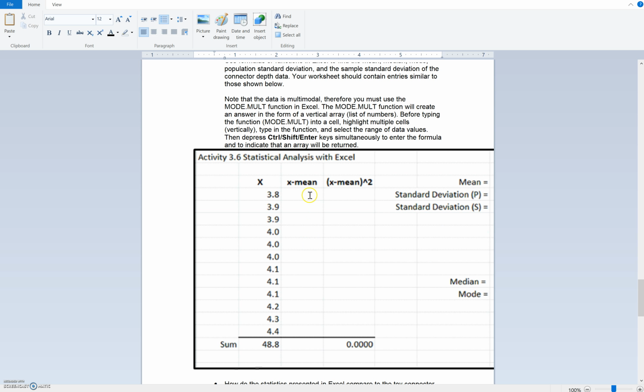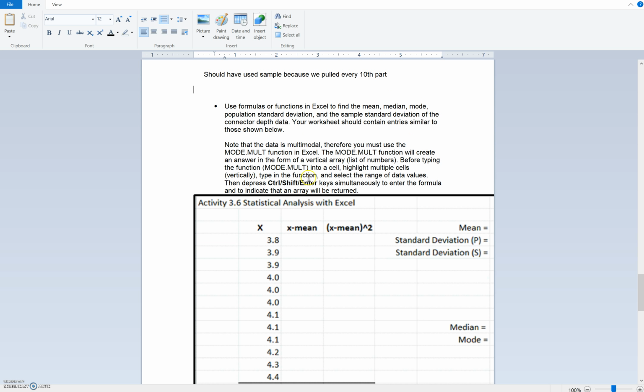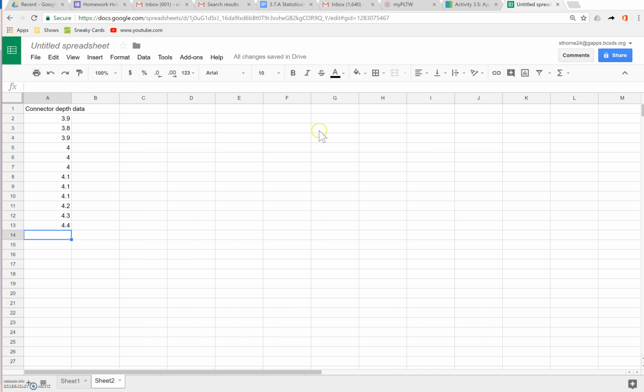And it says after we have those numbers, use formulas and functions in Excel to find mean, median, mode, population standard deviation, sample standard deviation of the connector depth data.